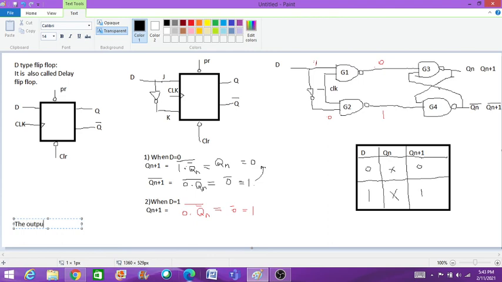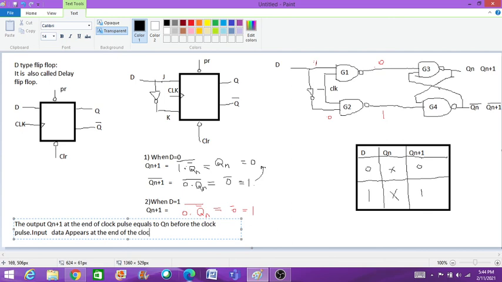So we can write here the output Qn plus 1 at the end of the clock pulse equals Qn before the clock pulse, means input data appears at the end of the clock pulse.